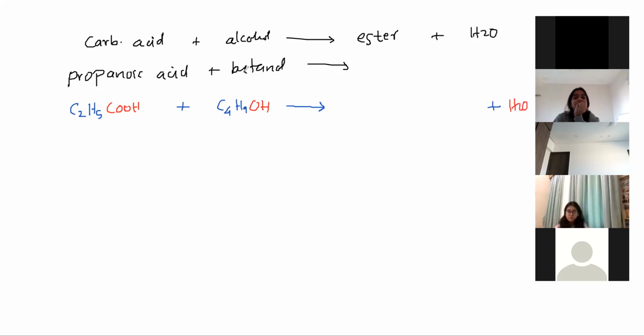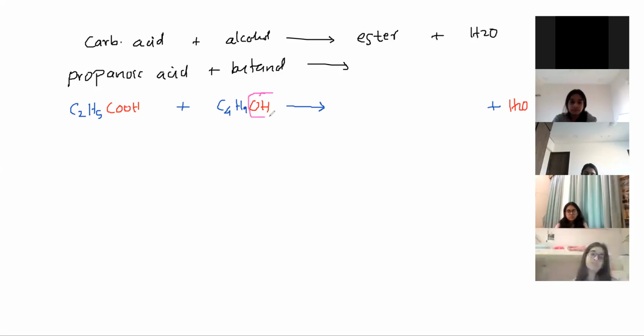The atoms that you take for the formation of water are OH from the alcohol and H from the acid. These two collectively will give you water. So you remove OH from alcohol and H from acid.